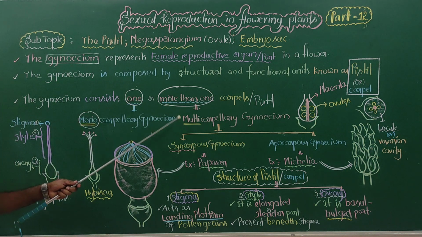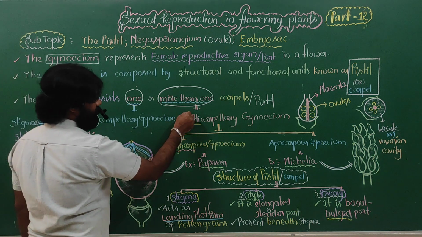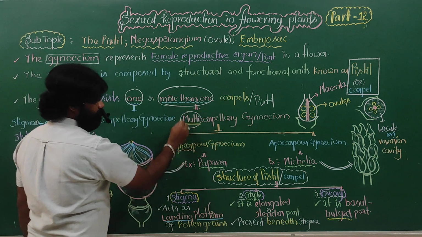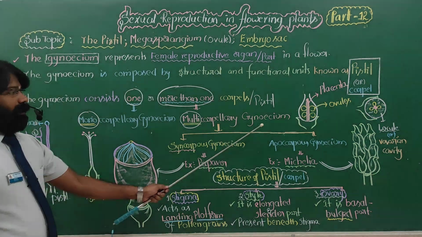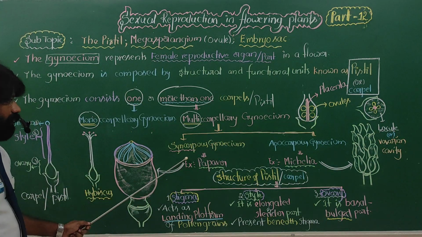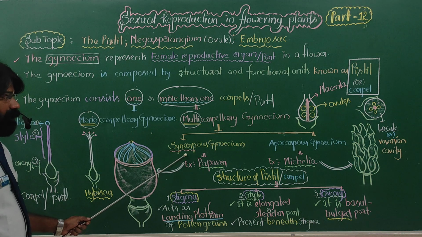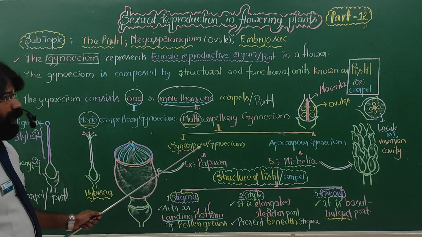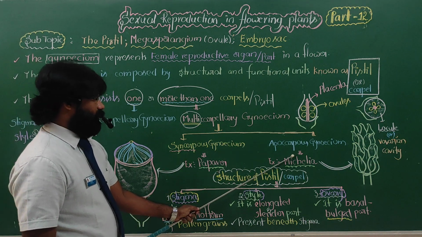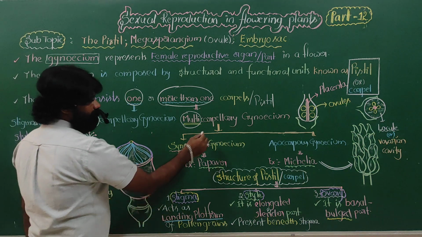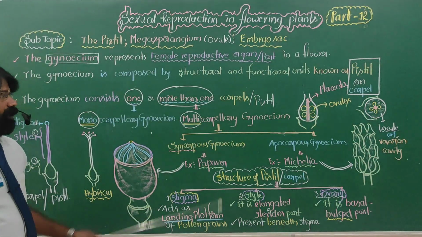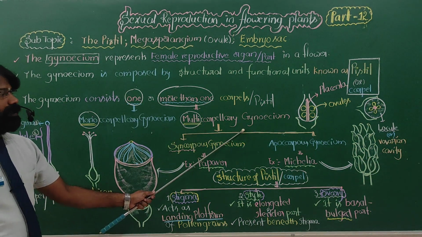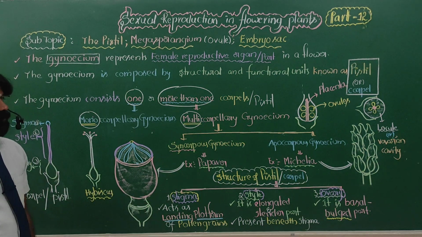If it is more than one, it is called multicarpellary gynoecium. Very important. Now, if it is multicarpellary, the carpels are either fused or separated. Based on the fusing or separation, the multicarpellary gynoecia are classified into two types.